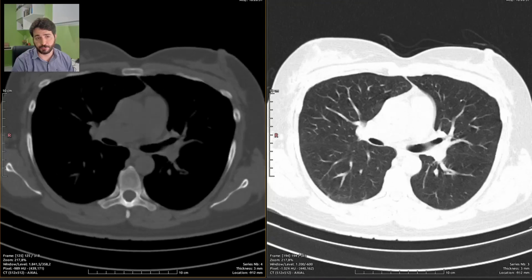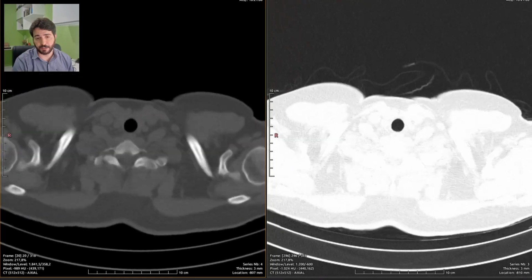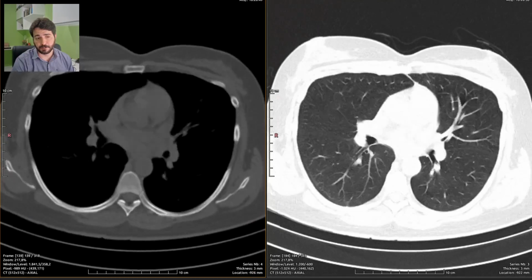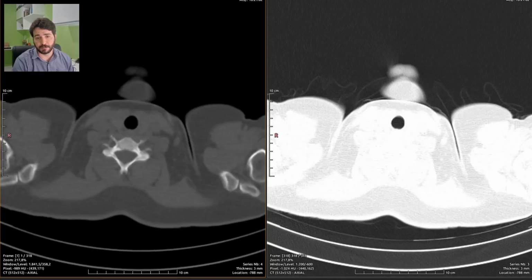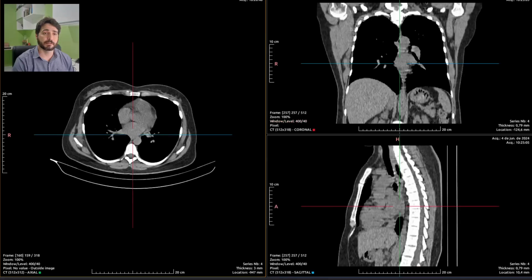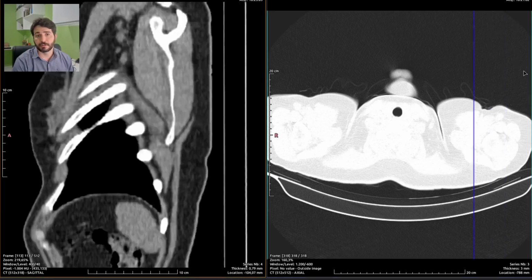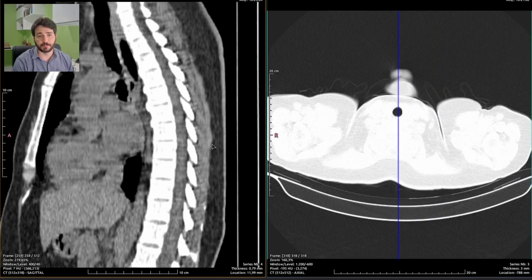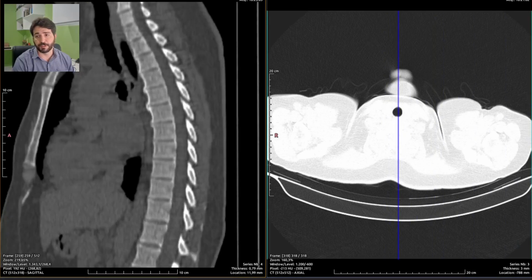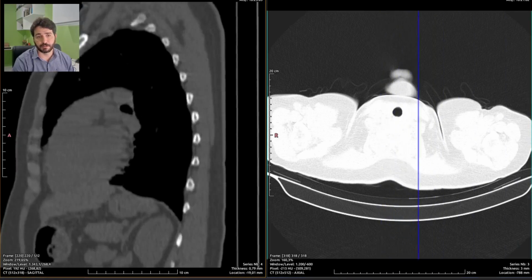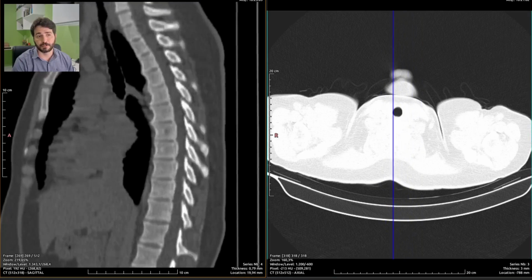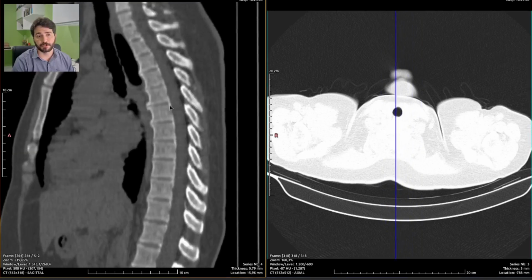Bones seem fine. Even the shoulder blades, the scapulas, and the humerus. So, sagittal. Let's see. This isn't a perfect exam. The MPR isn't great, but it's good enough. Sternum, some degenerative disease of the spine is fine.